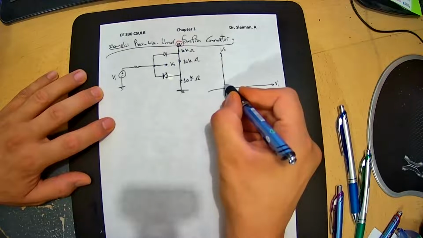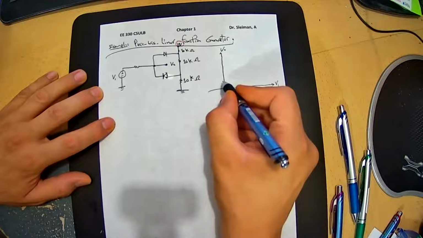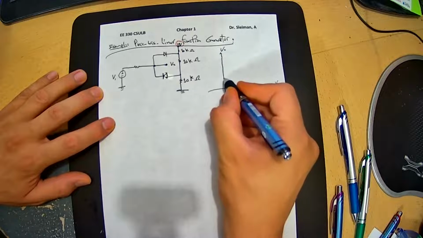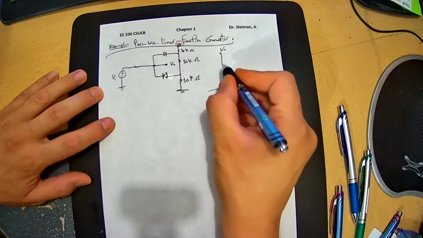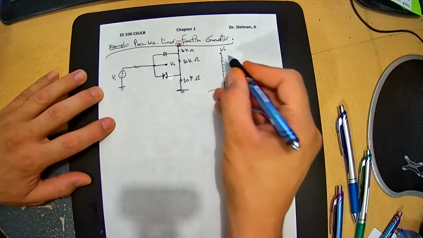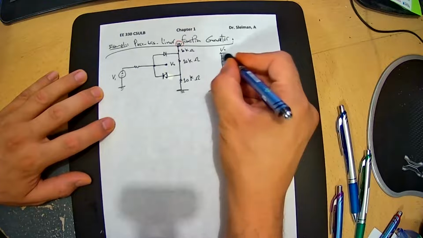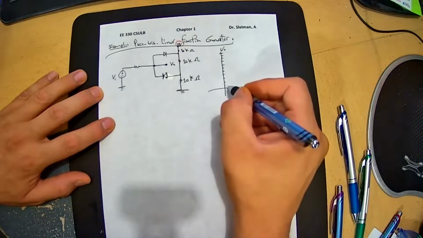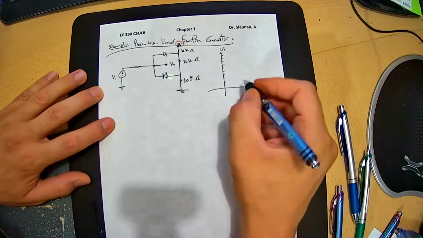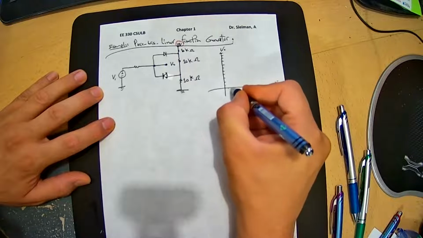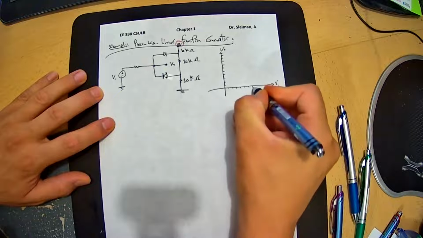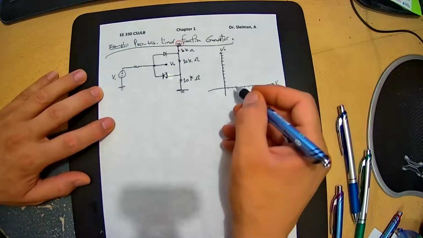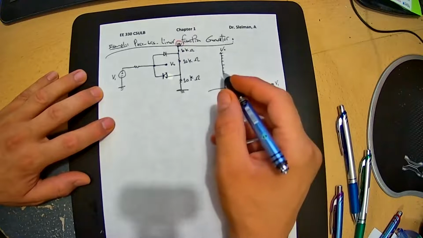And we have this starting at, let's say, 1, 2, 3, 4, 5, 6, 7, 8, 9, 10, 11, and 12. And 0, 1, 2, 3, 4, 5, 6, 7, 8, 9, 10, 11, 12. So those are the input output voltage.